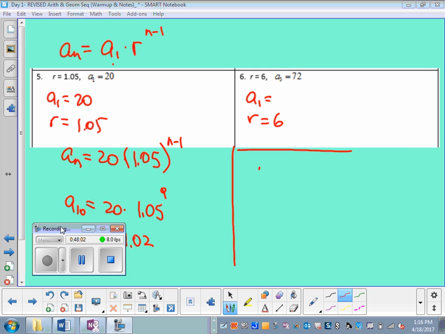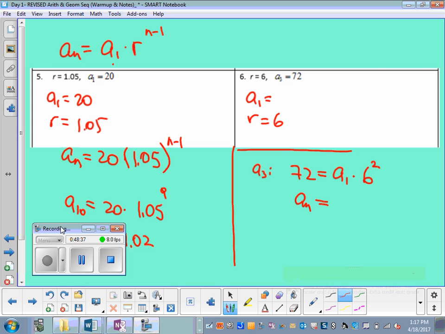So for A3, if I plug everything I know into my generic formula, I'll have 72, which is my A3, equals my A1, which I don't know, times my R, which is 6, to the power of n minus 1. n is 3, so to the power of 2. Do we all see how I created that equation? I start with An equals A1 times R to the power of n minus 1.